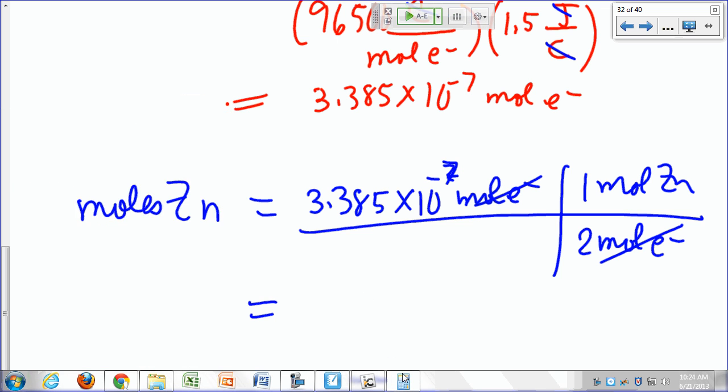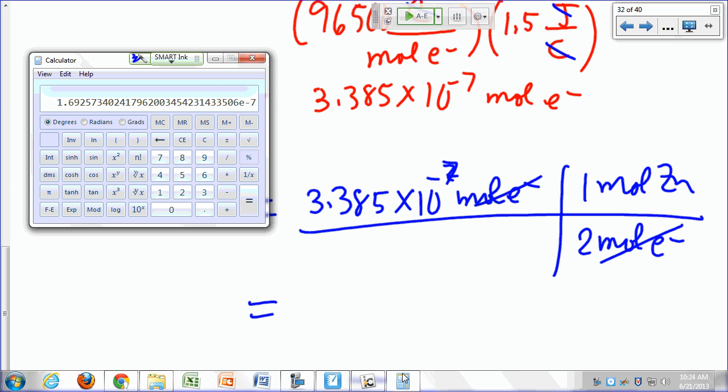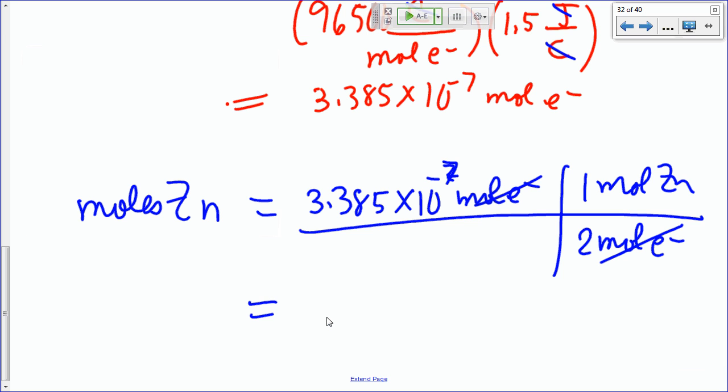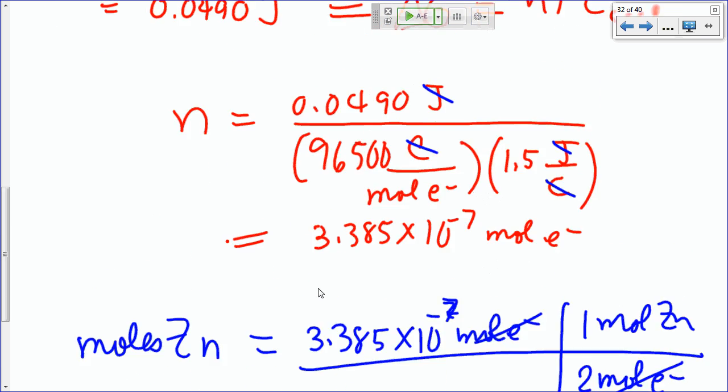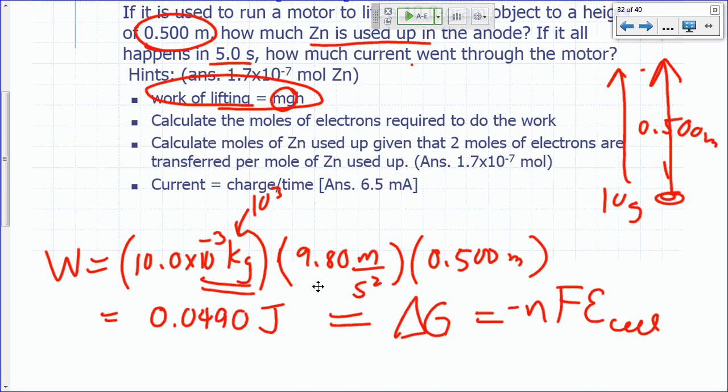Divide that by 2. That gives you 1.7 times 10 to the negative 7. With 2 sig figs, 1.7 times 10 to the negative 7 moles of zinc. Okay? So that's the answer.